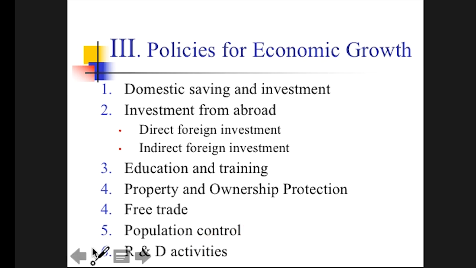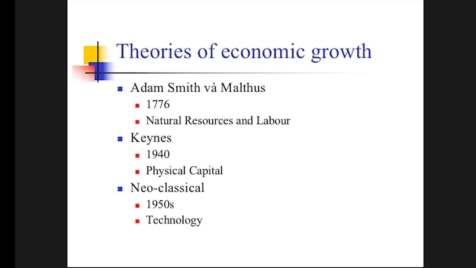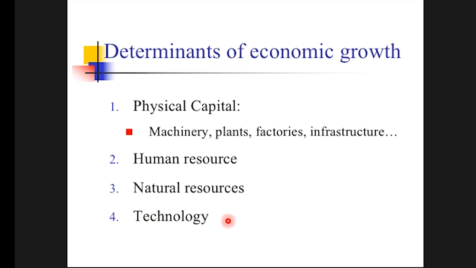And the last policy, number 7, is R&D activity, which means research and development activity. Research and development will create technology, and the new technology will increase growth for a long time.